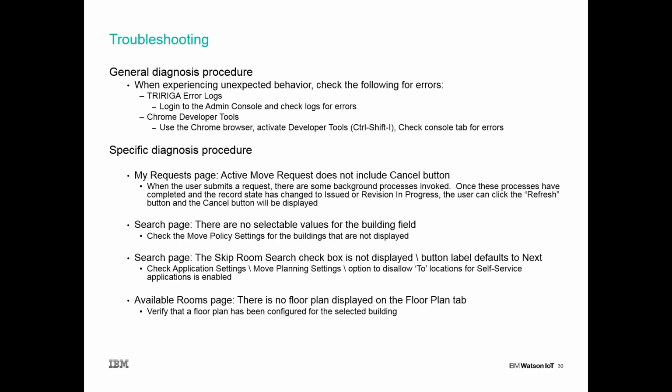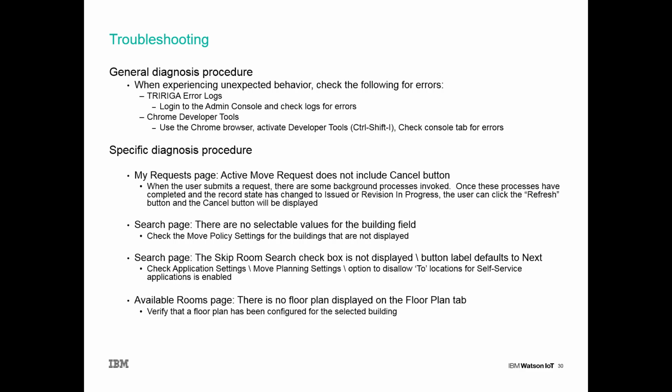All right, so one thing you might notice on the My Request page is that for one of your requests, if you've submitted a request, the cancel button that's normally displayed with that request is not shown.